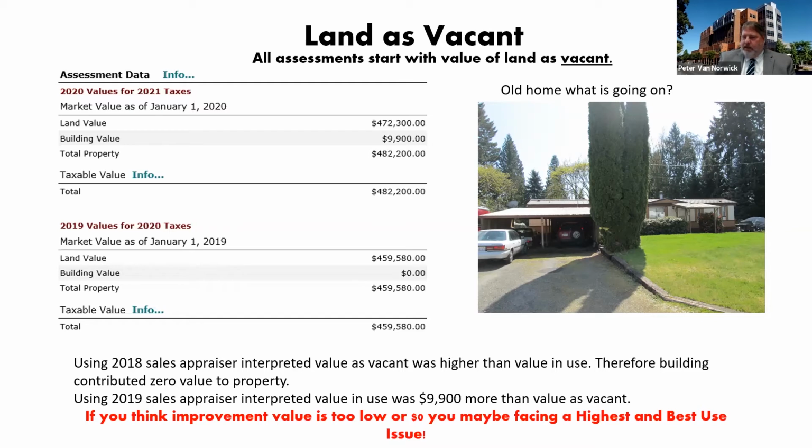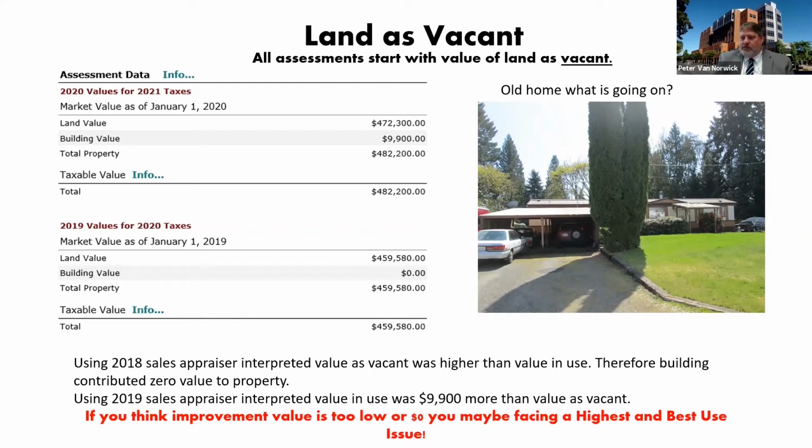What is happening here is what's called a highest and best use. You can look at that home and see that obviously it's an old home, and it's been sitting there for a long time. But in 2019, the appraiser put 0 on it.